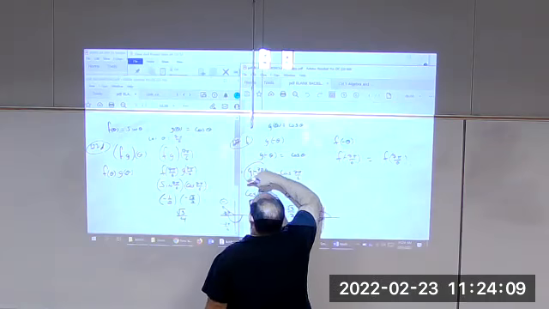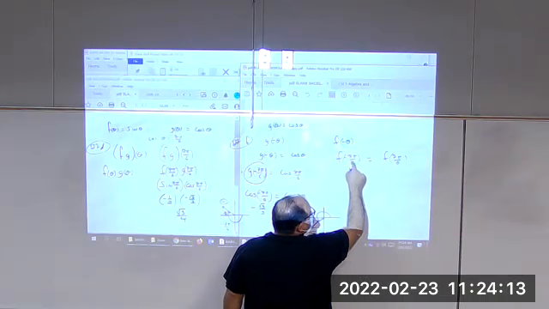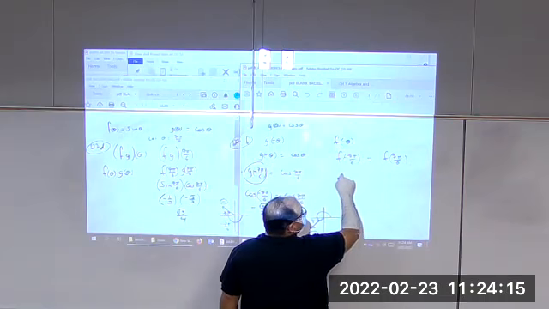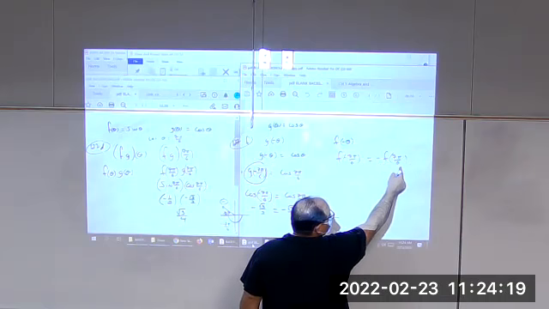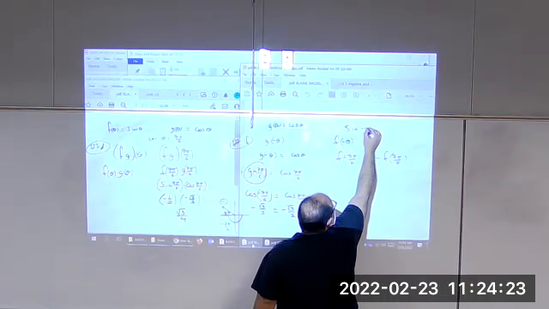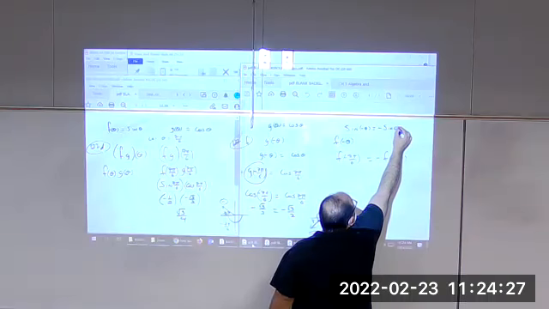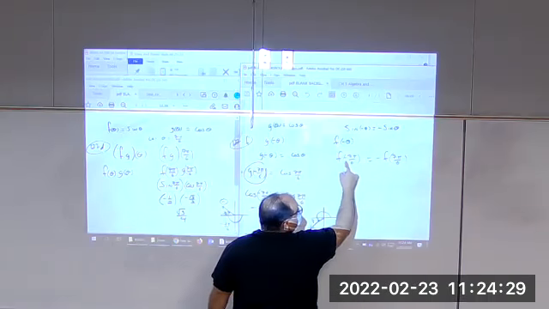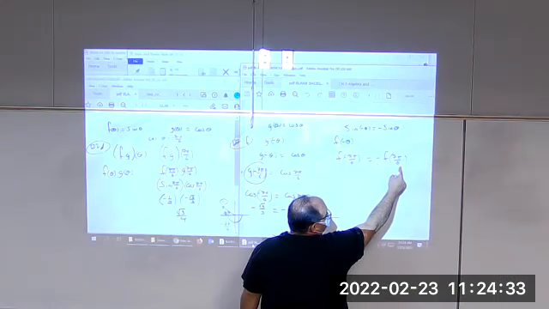Because f is sine, and sine is an odd function, when I plug in the negative I should get the opposite of this answer. The sine of negative theta is the opposite of sine of positive theta. So if I plug in negative 7 pi over 6, I should get the opposite of positive sine of 7 pi over 6.